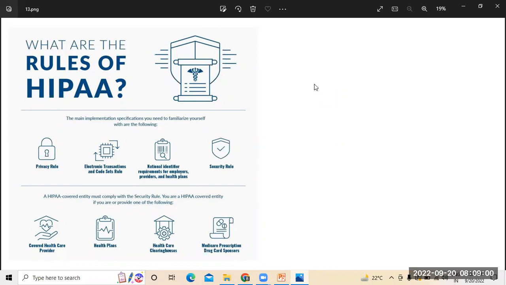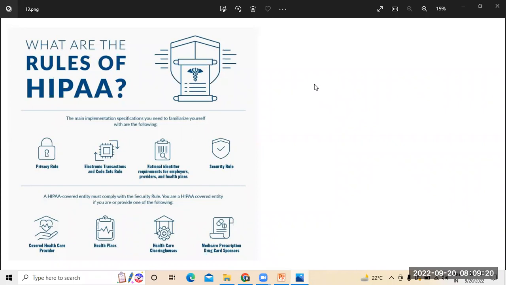These rules have to be followed by primary healthcare physicians, the healthcare team, as well as the insurance organizations. Everybody has to follow these rules for sure.